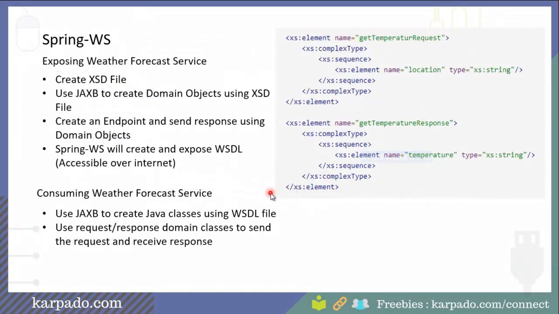In case you're curious how it exactly works in the case of Spring WS, or Spring Web Services, here is the sequence of steps you need to take in order to create a web service and expose it over the internet.